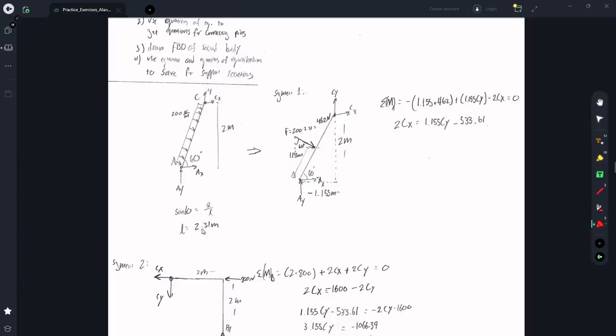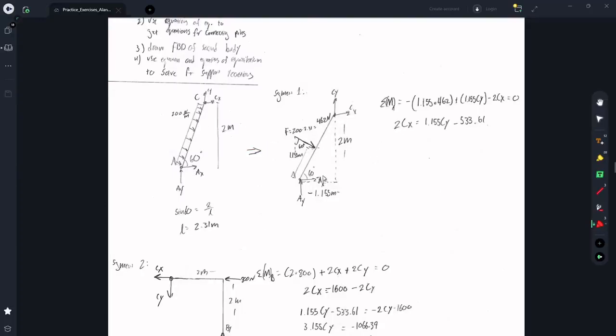Doing that, I got 2.31 meters. Multiplying 2.31 times 200 newtons per meter, I got 462 newtons, which acts perpendicular to this 1.155 meter length, which is just half of the 2.31. This is the replaced free body diagram that I drew to replace the old one.